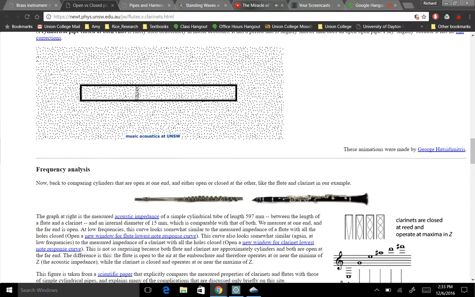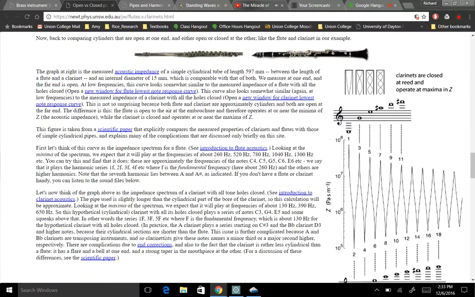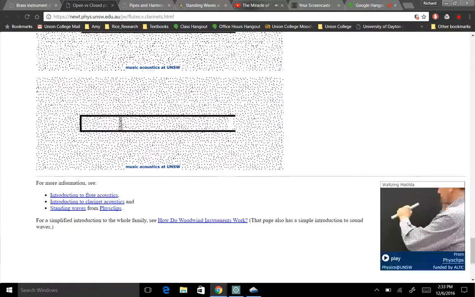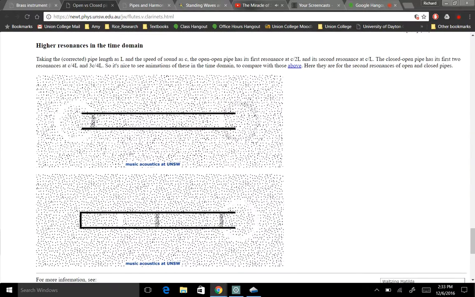Okay, this one here is not a musical instrument, just there for comparison. And then it goes through and talks about the frequency analysis. This is showing a harmonic. So the top one is showing n equals 2 for your flute. And you see you have a pressure wave and a rarefaction going back and forth against each other.